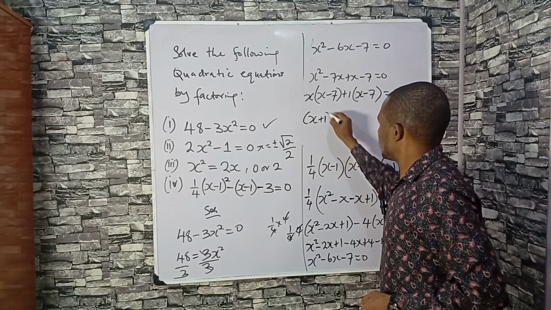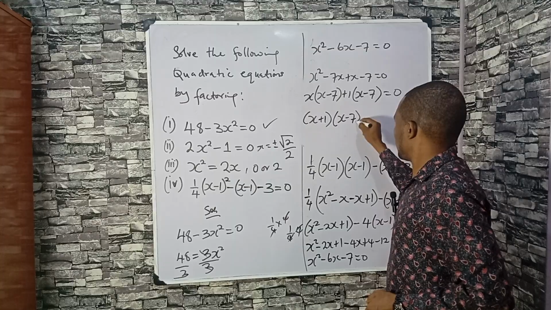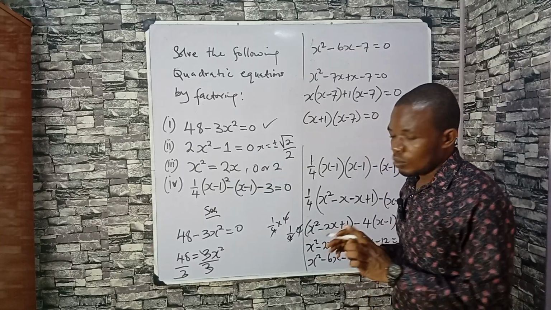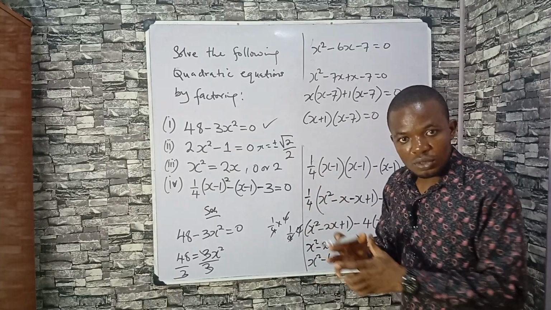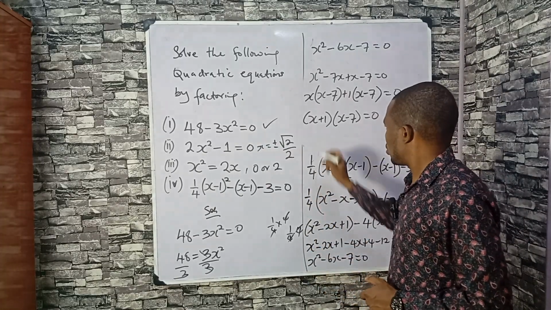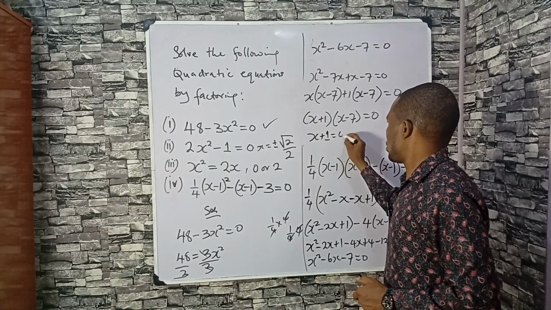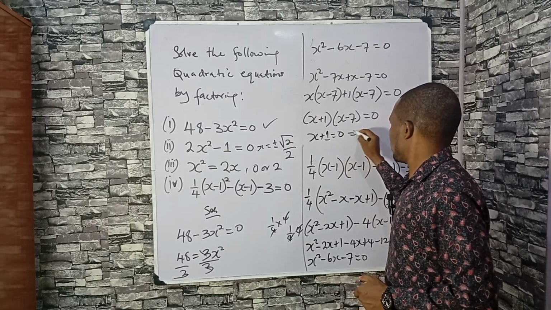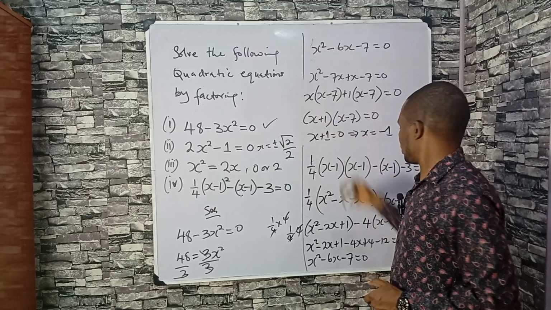So we have (x plus 1) and (x minus 7). We are done. Either this is 0, or this is 0, or both are 0. So from here, x plus 1 equals 0. This implies that x equals minus 1 for this first one.